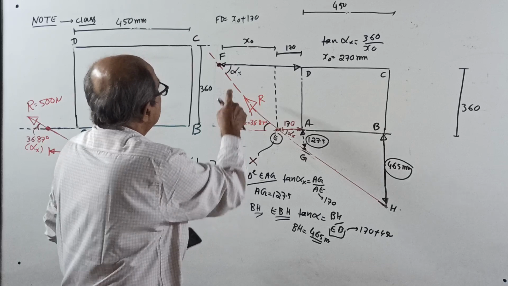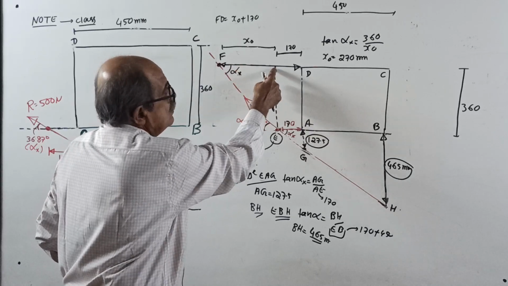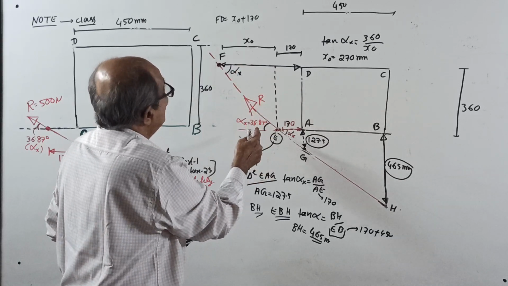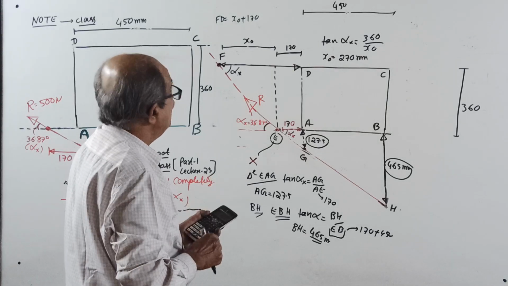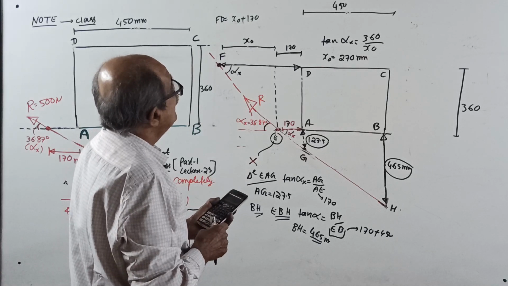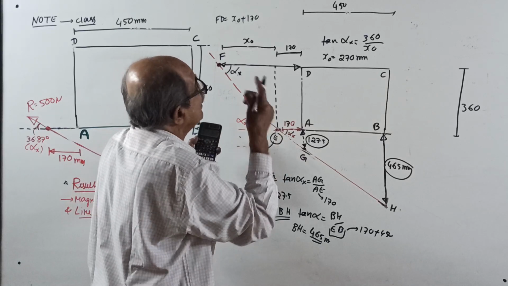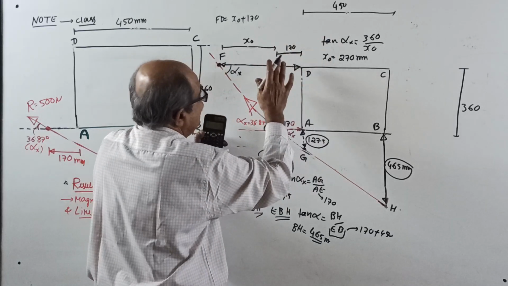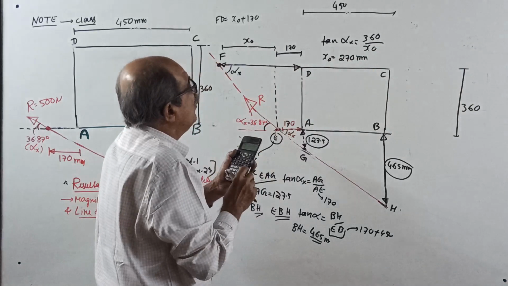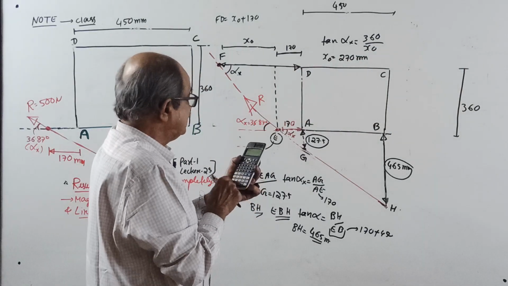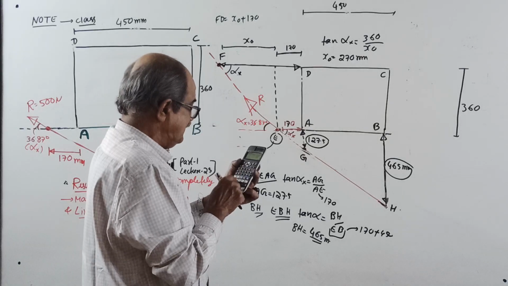That is tan alpha x equal to 360 by x naught. So this is 360. No, see, something is wrong. Suddenly I got doubt about the answer. x naught equal to 360 divided by tan 36.87.